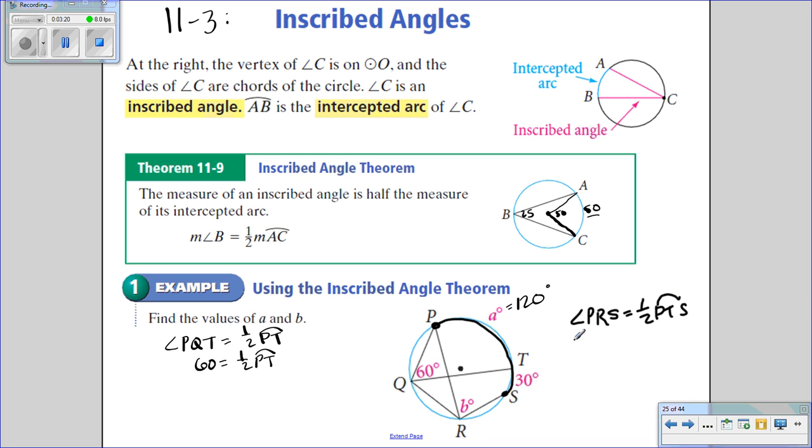If I can figure out the measure of that arc, I can just take half of it and I'll have the measure of that inscribed angle. Now, arc PT is 120 and arc TS is 30. So the entire arc would be 120 plus 30, which is 150. So this angle down here is half of 150, which is 75 degrees.